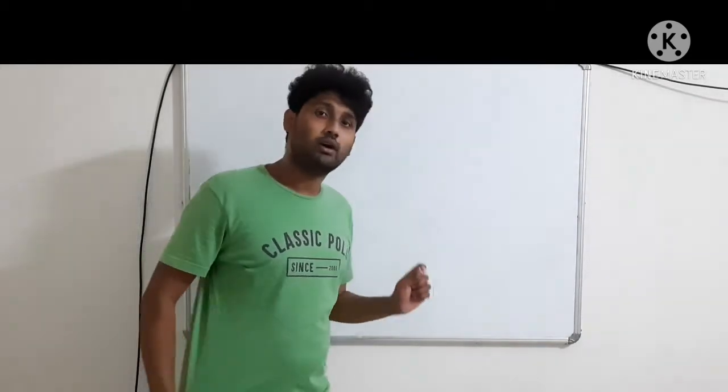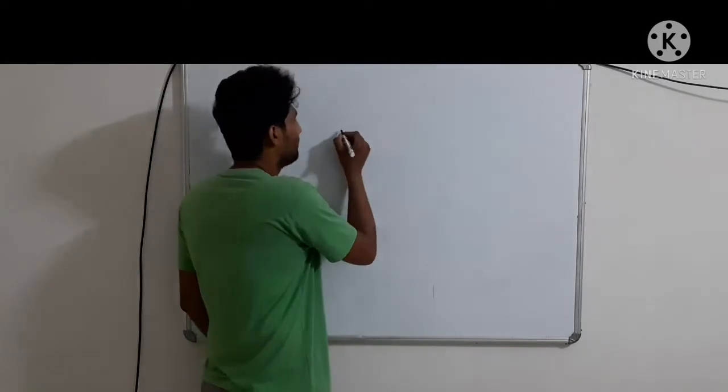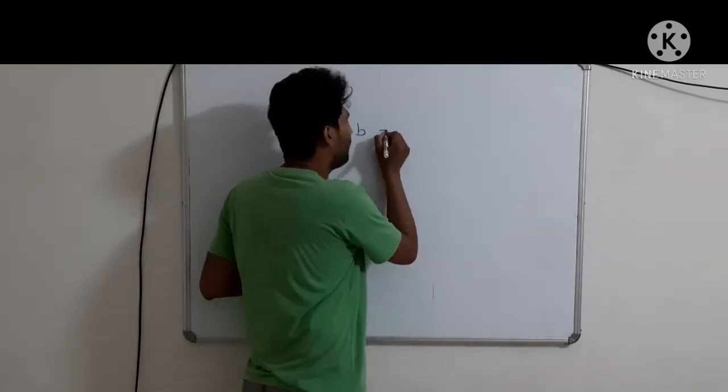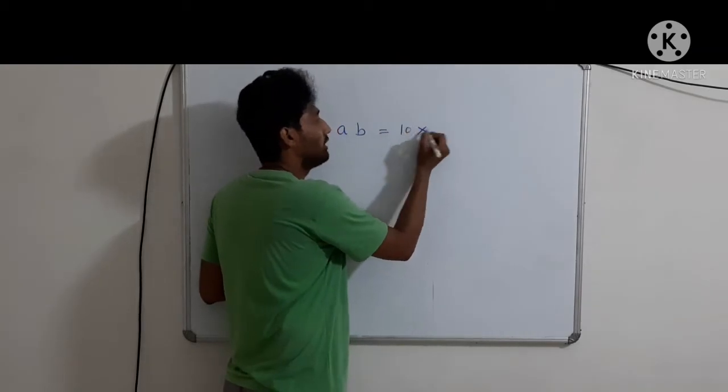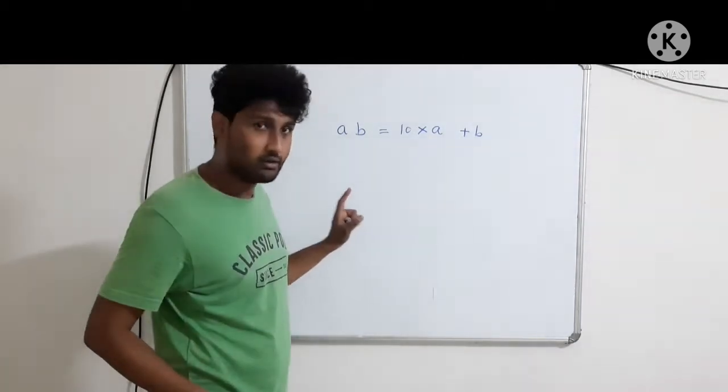I have told you earlier that a two-digit number is shown as AB, right? And the value of this is 10 into A plus B, right?